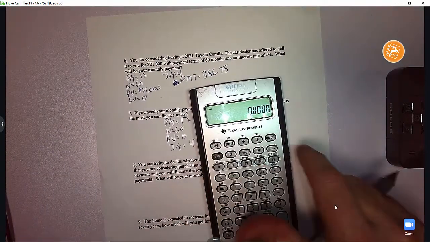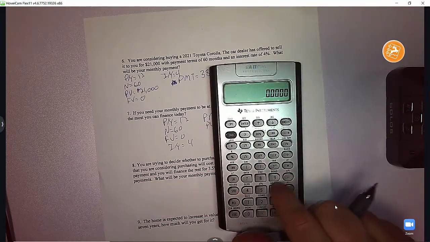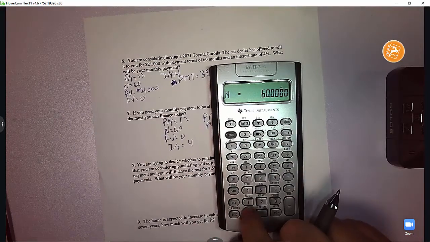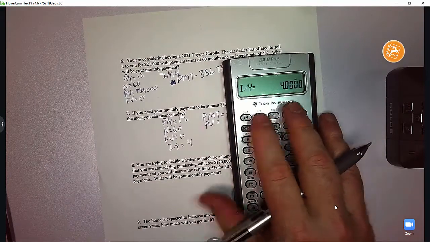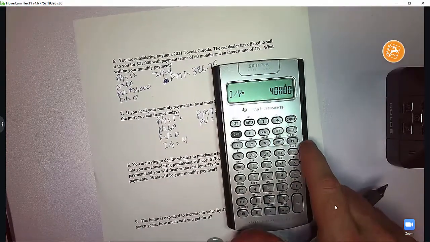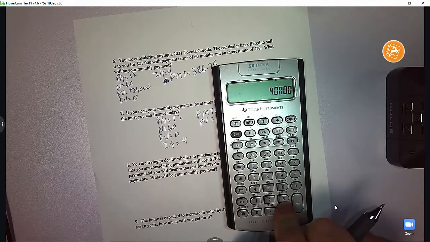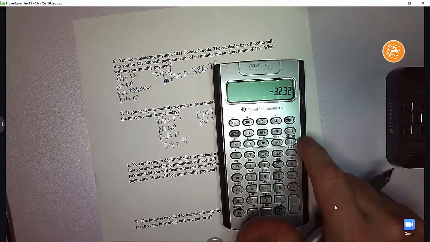So I'm going to press second and future value to clear out these variables. 60 is my N. My future value is 0. My interest rate is 4. My payment is negative 320. Try that again.